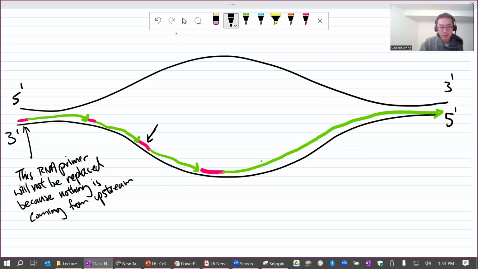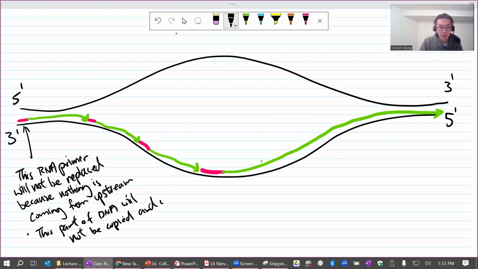This one is going to get replaced because something is coming down. Same thing, this one is going to get replaced because something is coming down. But if you are at the very end, nothing's coming. Without the number 3 coming, the number 1 doesn't know to get on, right? So nothing is coming and it will be lost. So this part of DNA will not be copied and is lost.